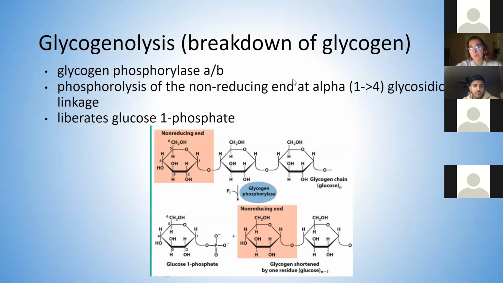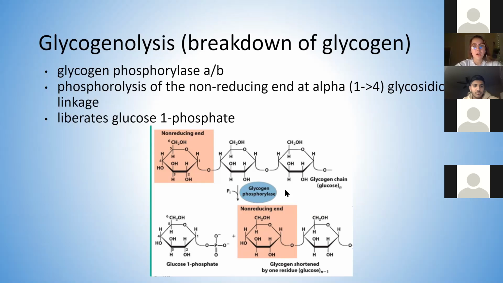So when we are making and breaking glycogen, it's important to know that all of these actions are occurring at the non-reducing end, essentially the end points of the chain from that gigantic sphere as we're working our way in or expanding our way out for the molecule.